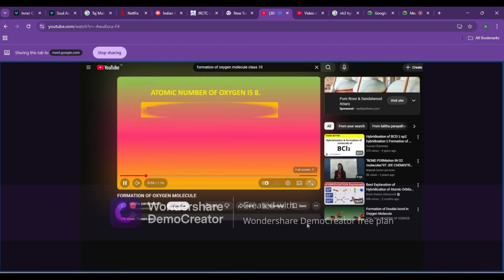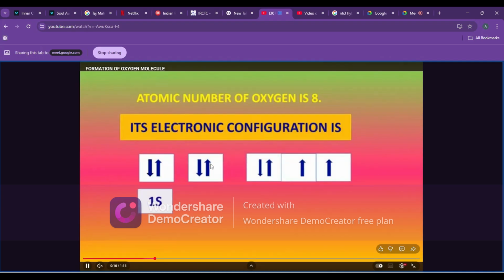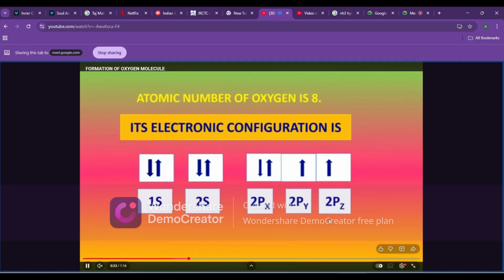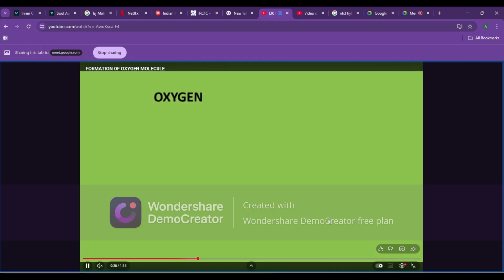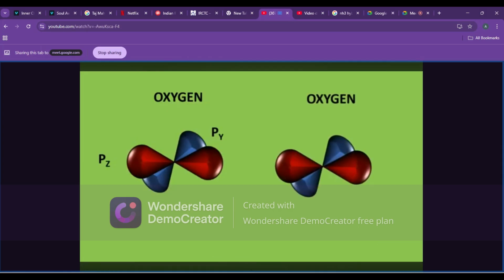Atomic number of oxygen is 8. So 1s2, 2s2, 2p4. 2px has 2, 2py has 1, and 2pz also has 1. So if you take its molecular diagram, it is like this.